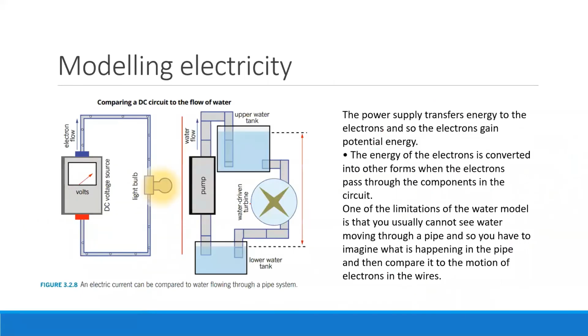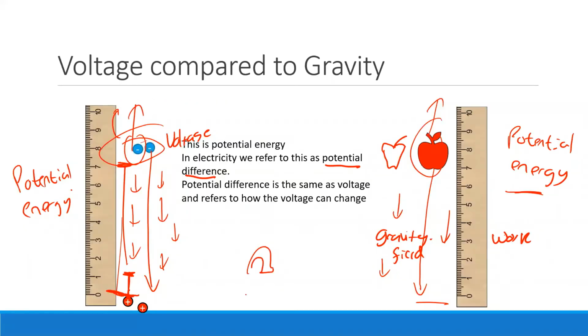If I have a magnet and I move this up, I have to put energy in to pull these magnets apart. But when I let these magnets go, they will release that energy as they come together. That's because you're pushing them against the magnetic field. As I release the apple, it will release the energy as it goes to the ground. As I release the electrons, they'll release the energy as they go towards the positive charge.